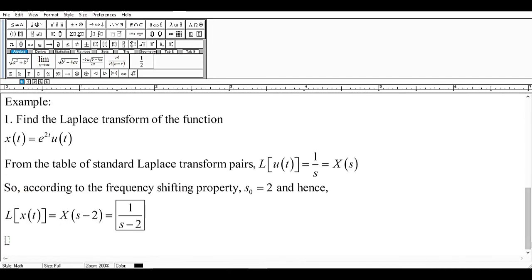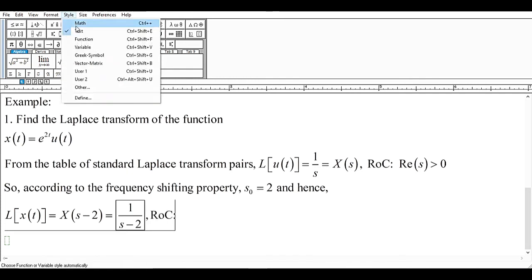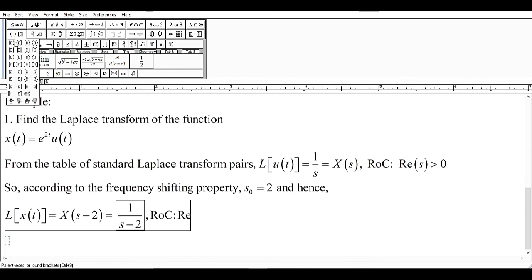When we are talking about the ROC of the function 1 by s, the region of convergence is real of s greater than 0, and for 1 by s minus 2 the ROC is real of s greater than 2.